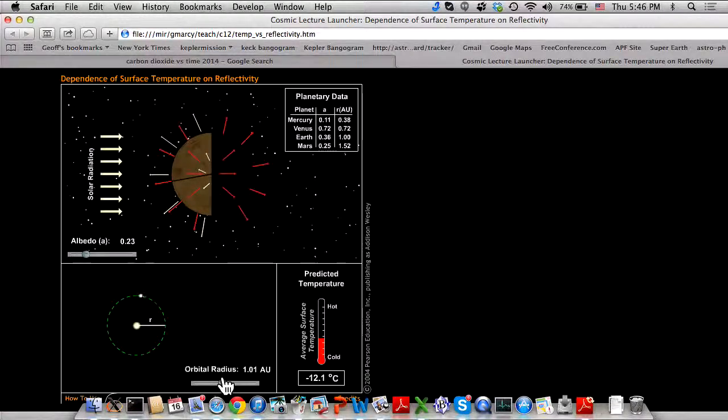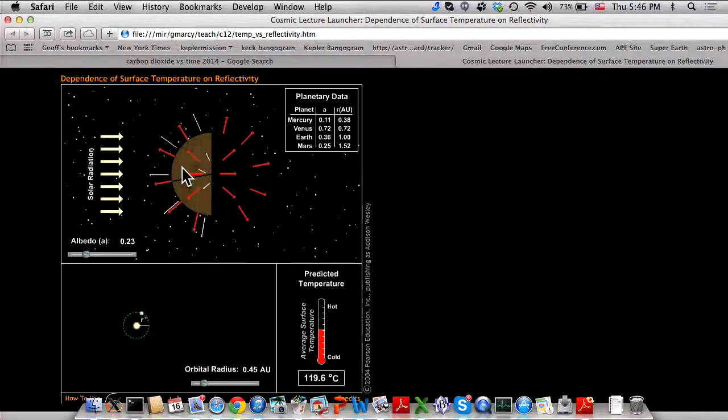And now I want you to notice one other issue, which is cool. When you move the Earth closer to the sun, not only does the incoming solar radiation, the light from the sun, increase, but in order for the Earth to stay in equilibrium, it has to shed the incoming energy in the form of thermal emission.